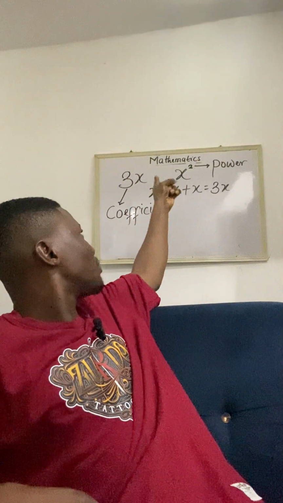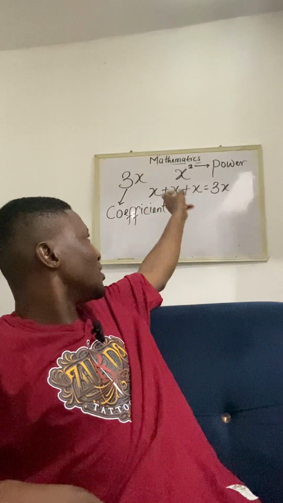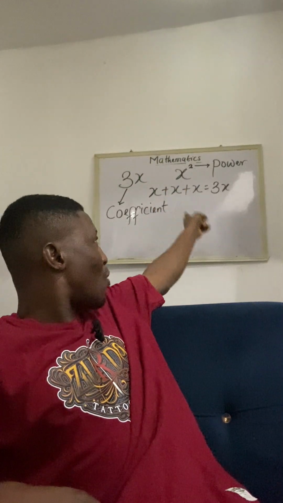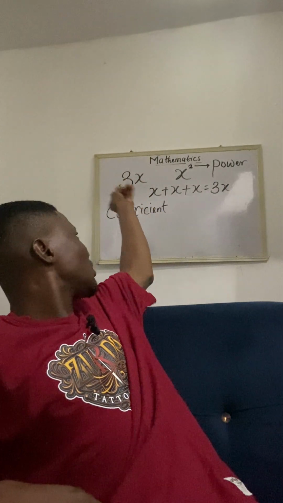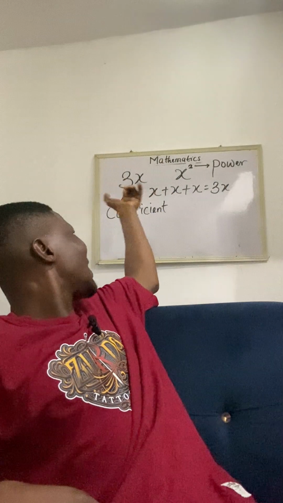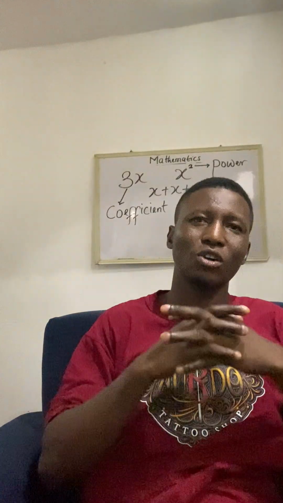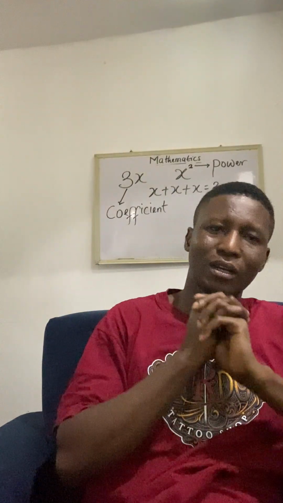We have x raised to power 2. That 2 which is written as a superscript is the power, and that first one, which is 3x, that 3 beside the x is representing the coefficient of that letter.